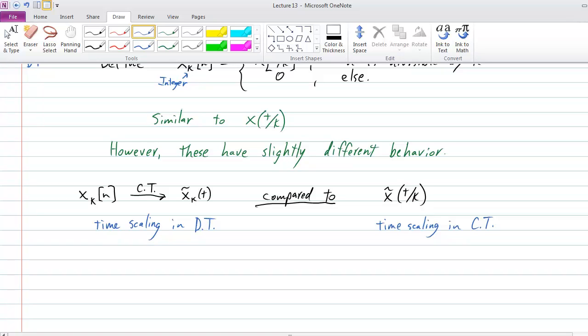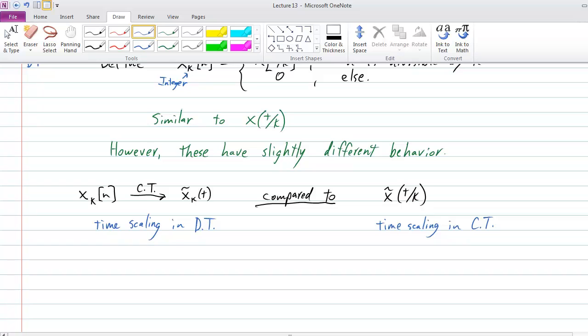Any explanation why they would be the same or different? The fact is that they're actually different, but in a very subtle way.